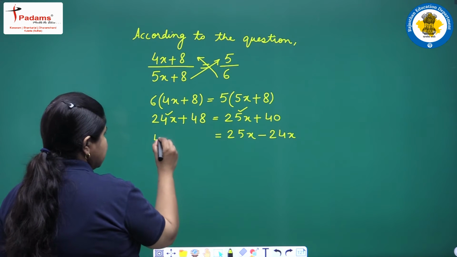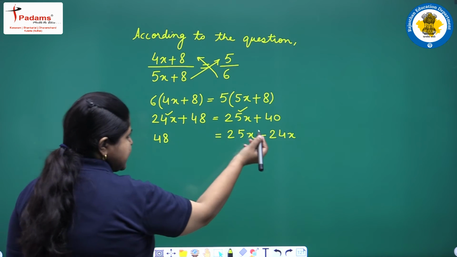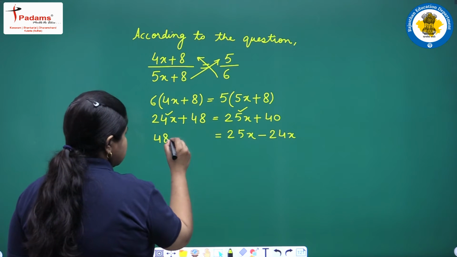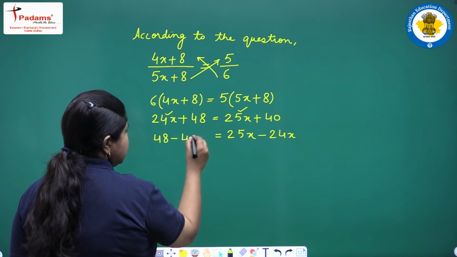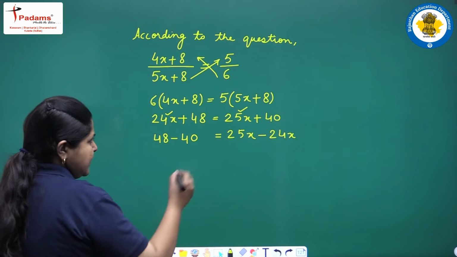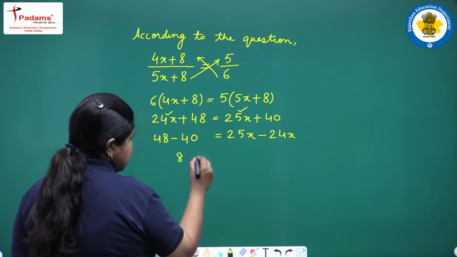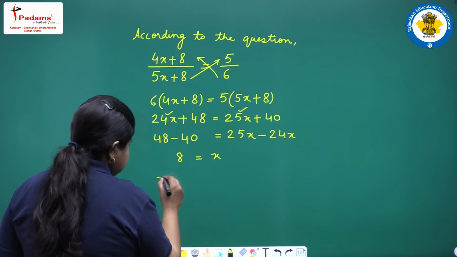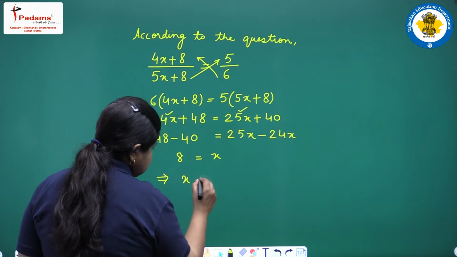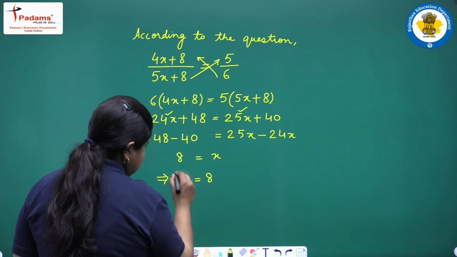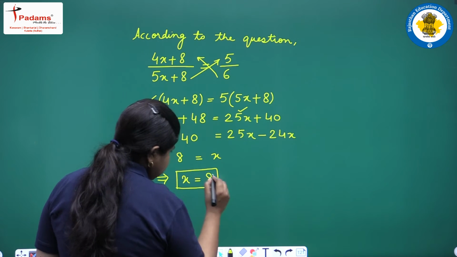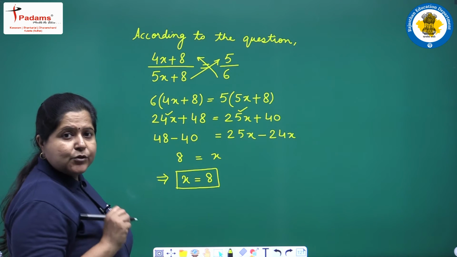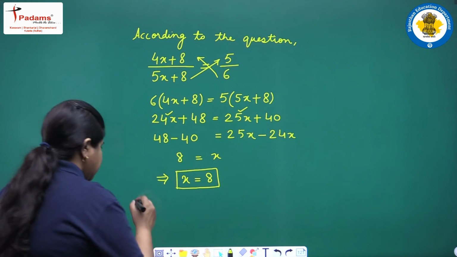Then here we are left with 48, and this 40 will be transposed to LHS and become minus 40. This gives us 8 equal to 1x, which can be written as x, and this implies x is equal to 8. So, we have got the value of x, but still we need to find their present age.